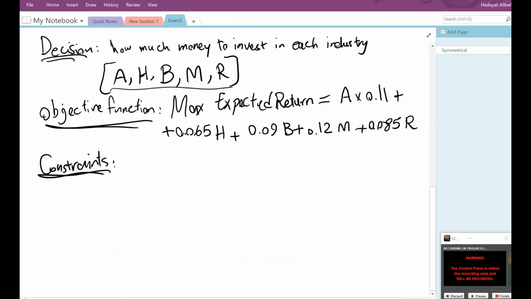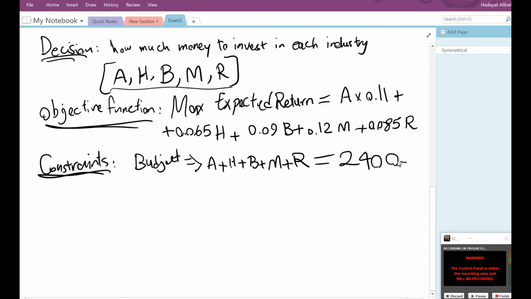So the budget constraint is telling us that A plus H plus B plus M plus R, that's the total amount of money that he has available.